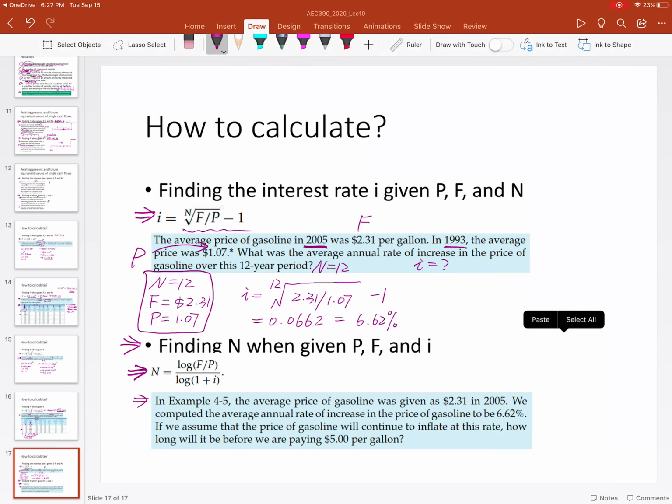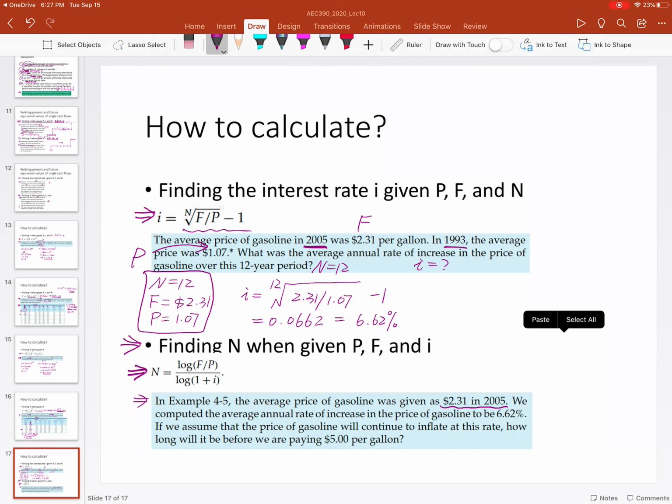So the average price of gasoline was given as 3.31 in 2005. We computed the average annual rate, so we don't know if it's a P or F right now. Okay, so we need to decide it later.